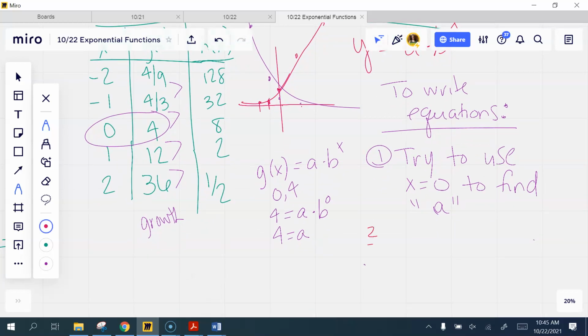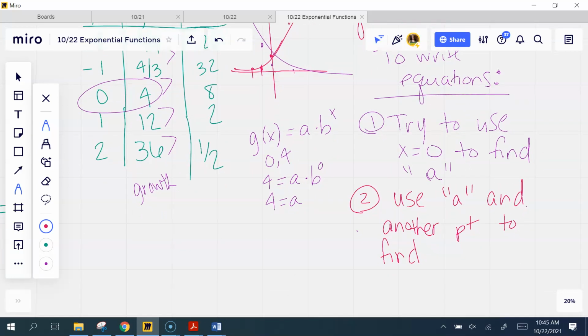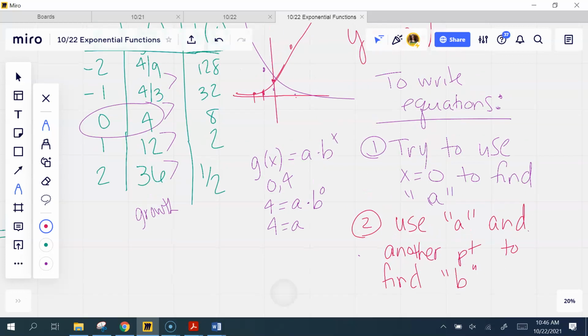So the next thing I'm going to do is use my A and another point to find what? What am I looking for now? B. I still need B to write my equation. It doesn't matter what other point you use. I would use something that was probably the easiest. 1 is probably what I would use also. So maybe I choose 1, 12.